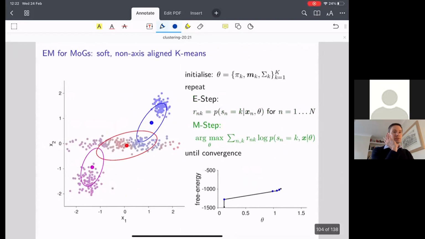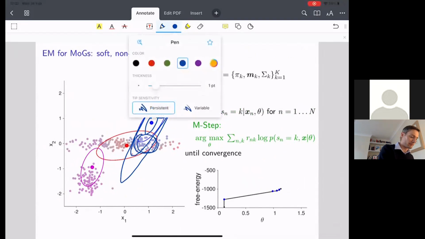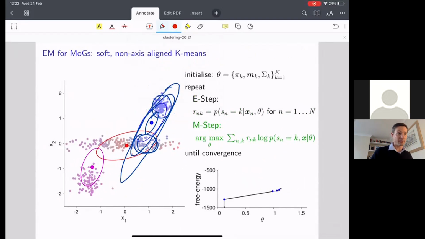You can see that interesting stuff starts to happen around now. Notice what's happening for this blue cluster. It has obviously grabbed all of these points, but because it's elongated in this direction, its contours of probability will look something like this. It's grabbed all of these points in here from the red cluster at the moment, which makes intuitive sense.